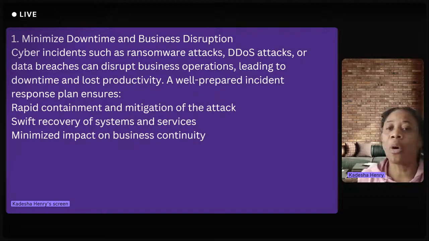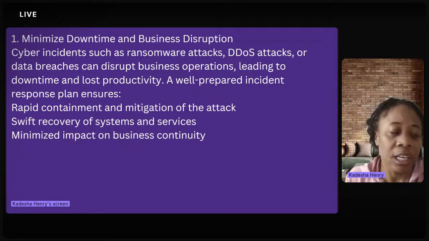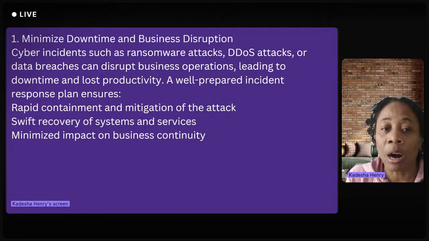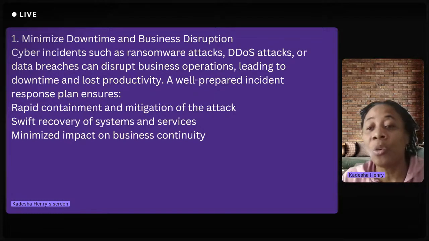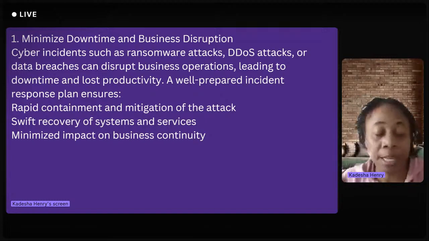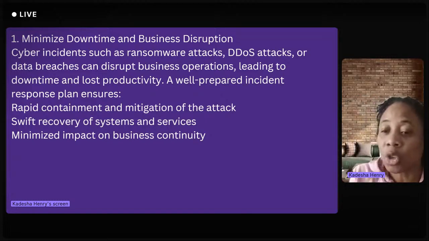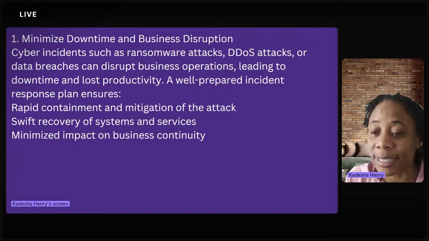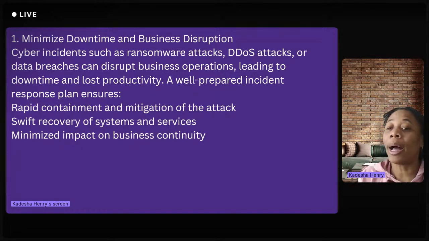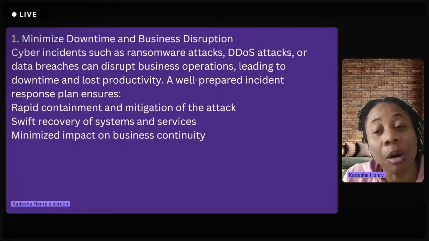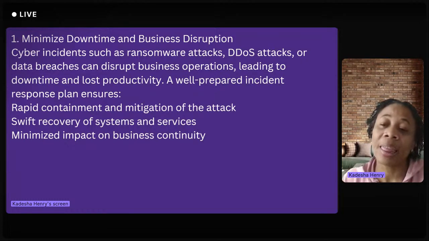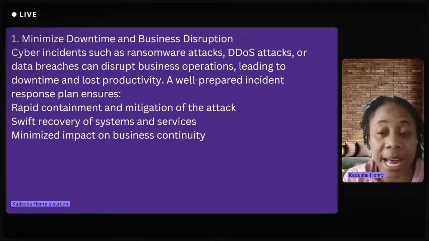If there's a DDoS attack or a ransomware attack and you didn't have anything in place, let's look at WannaCry, that huge cyber attack that took place. It brought down the entire system, and it took them a while to get the systems back up and running, because I could imagine there wasn't anything really in place should that happen.